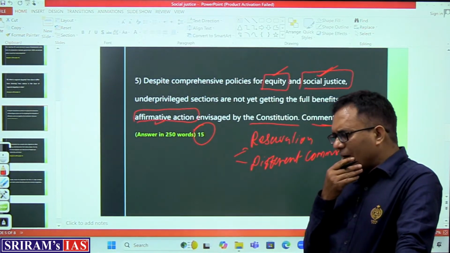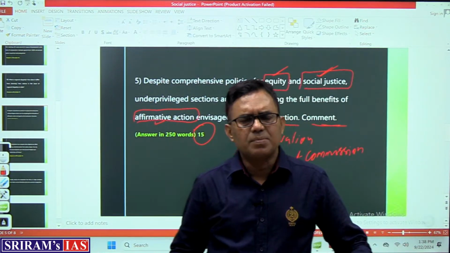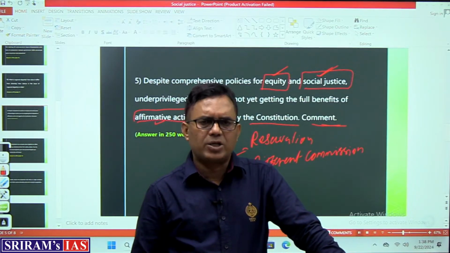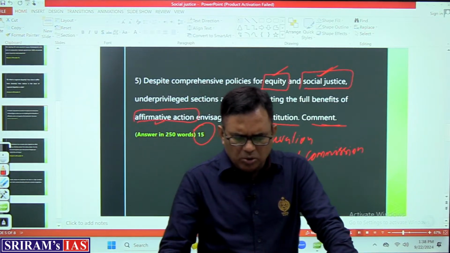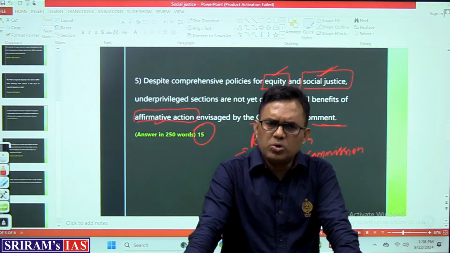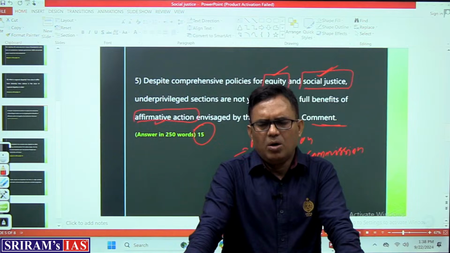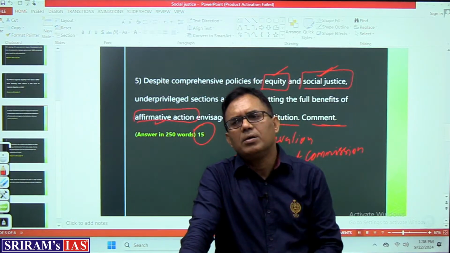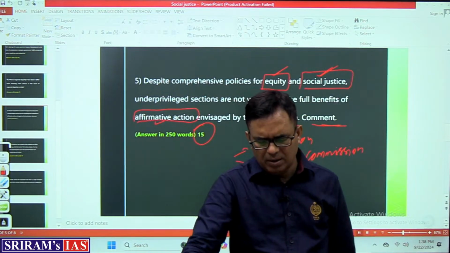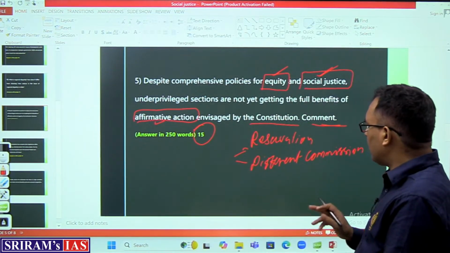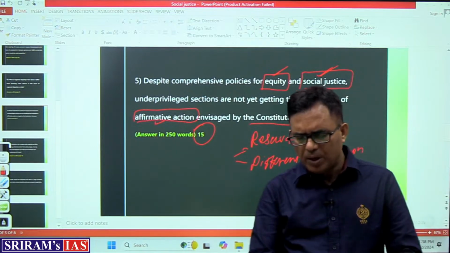The state shall not make discrimination, but a state can make a special care, special action for the underprivileged section of society. So, for those who have suffered or have been suffering historically, affirmative action is taken, right.